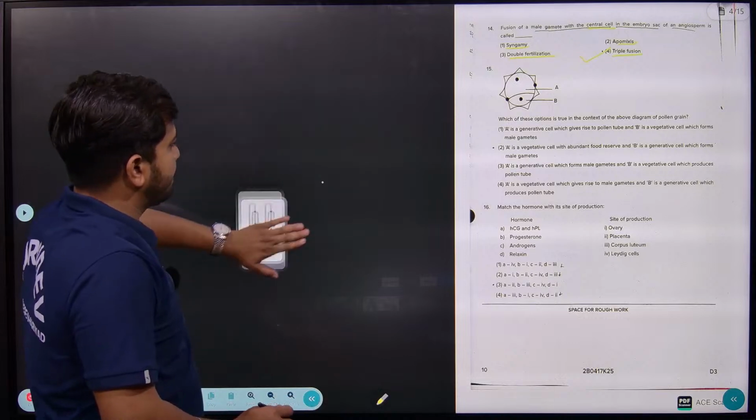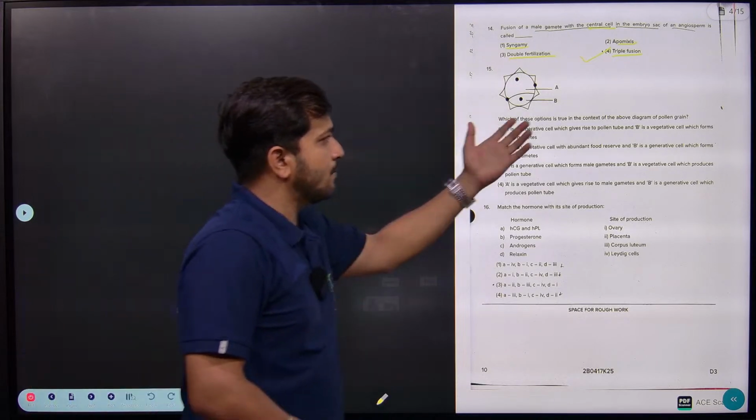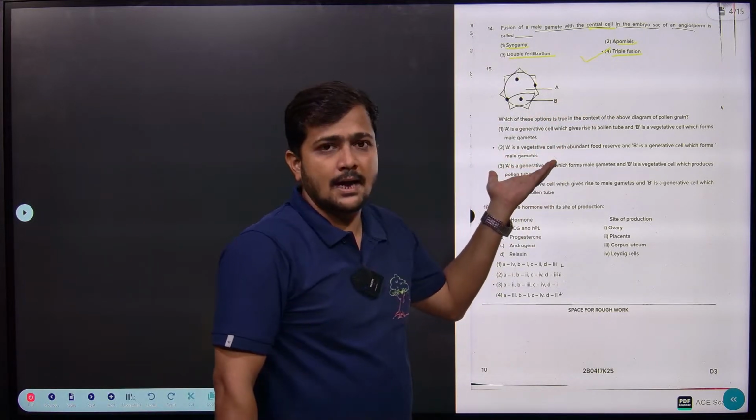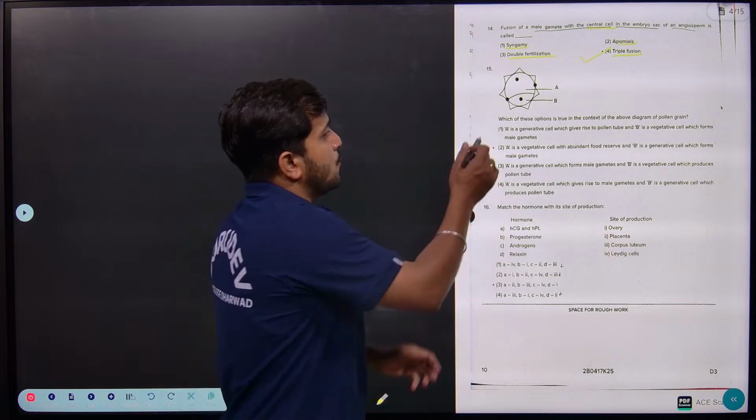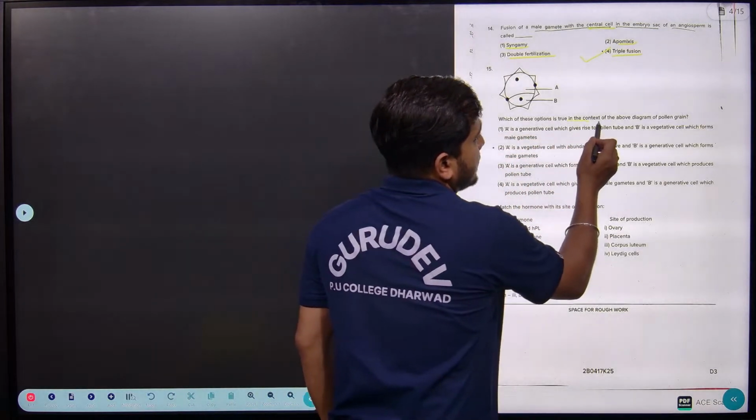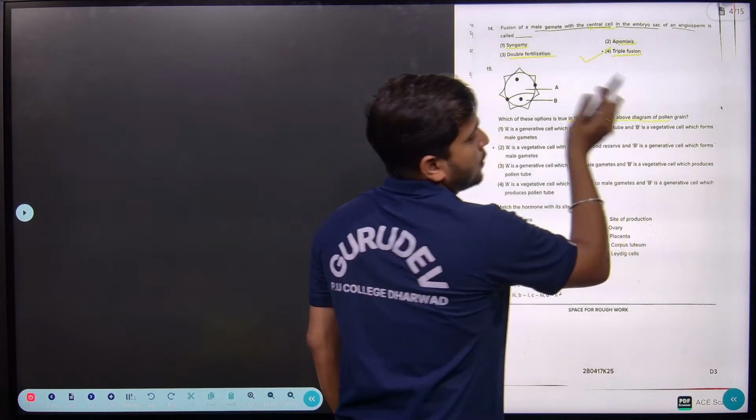Based on that I have to answer. Which of these options is true in the context of the above diagram of a pollen grain?